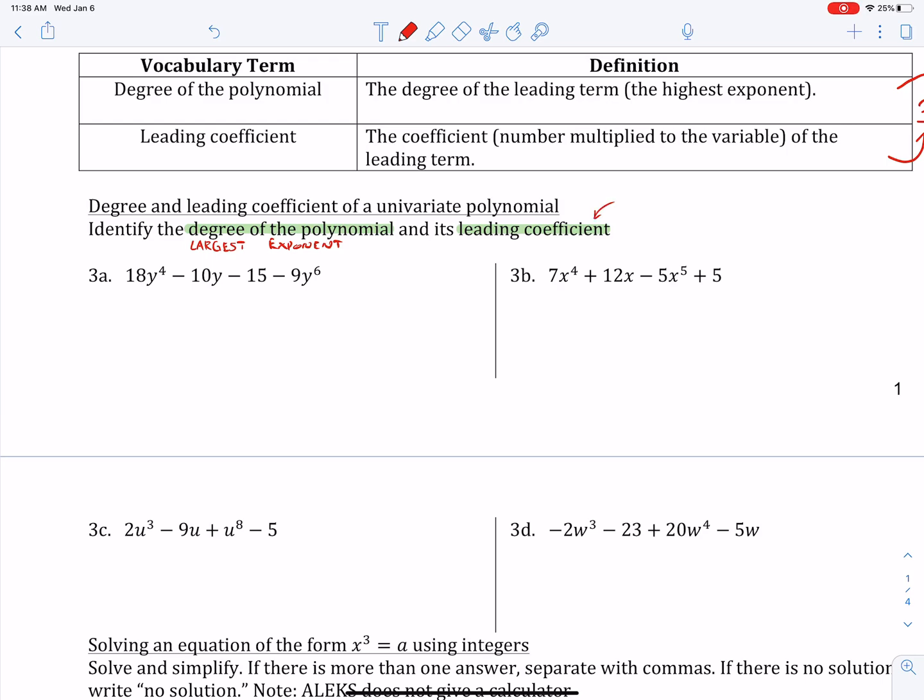And then when it's dealing with leading coefficient, let's just make a note for ourselves here that this is the number in front of the variable with the largest exponent. Sorry, my pen is not working that great.